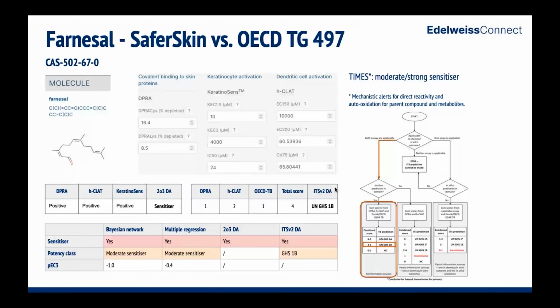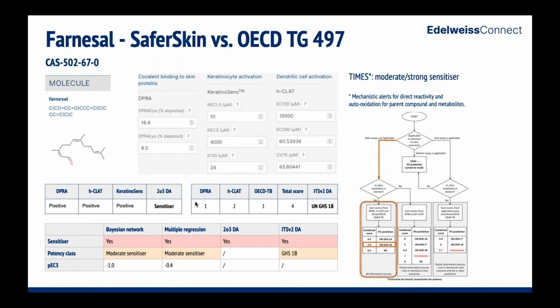Same using the ITS version 2 defined approach. 2 assays are available and in silico prediction is also available. The outcome from the OECD Toolbox was positive, so the score contribution was 1. Similarly, as I explained, within this guideline there is a defined score contribution for each assay.